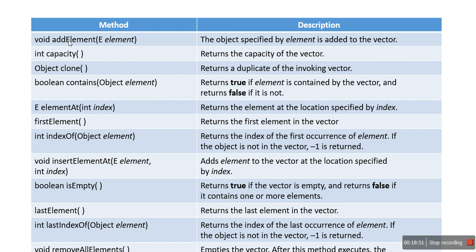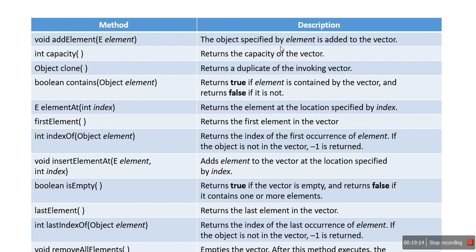void addElement. The return type is void. If you have a vector v, you write v.addElement(element), and the element may be anything. E denotes the element type here. What is the use of addElement?